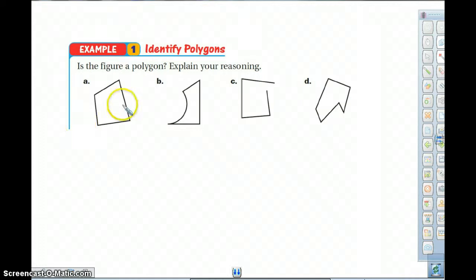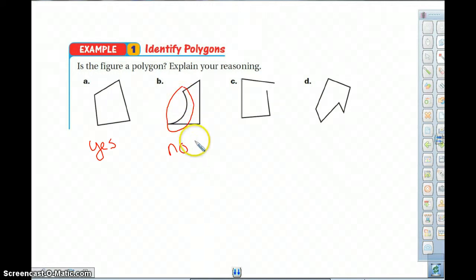We're going to tell whether or not these are polygons. A is a polygon because it's closed and everything is a straight line. B has to be no because of this curved line right here. It has a curved line, therefore it is not a polygon.